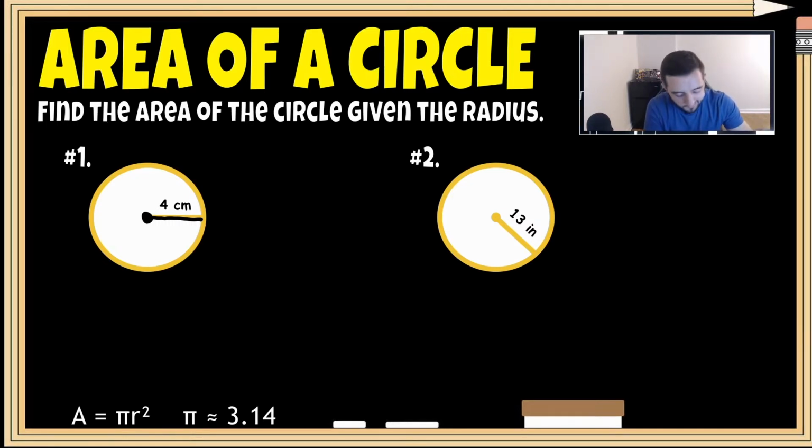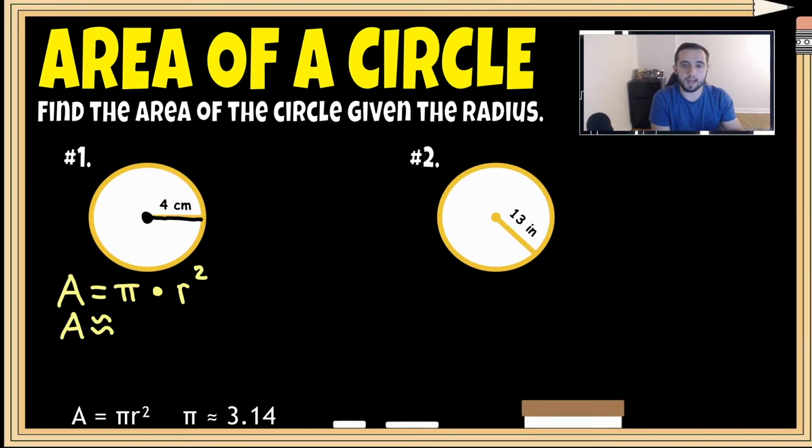All right, so let's take a look at number one. We have area equals pi times the radius squared. And we know that for pi, we're going to be approximating it at 3.14. So instead of writing an equal sign after area, I'm going to put the approximately symbol here, since we're not using the exact value of pi.